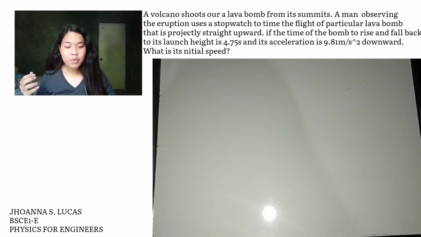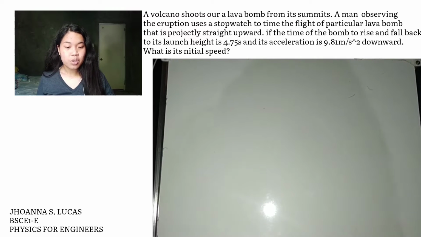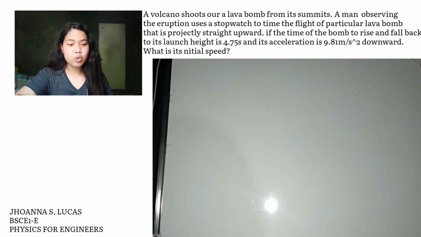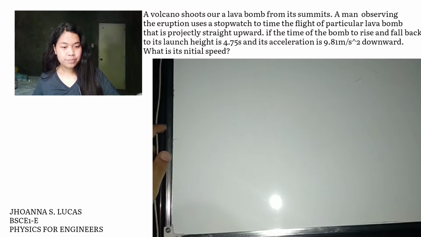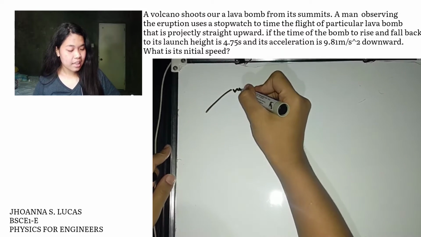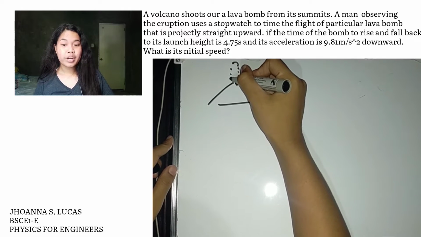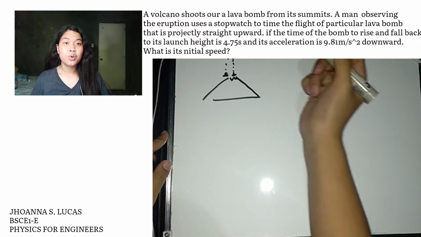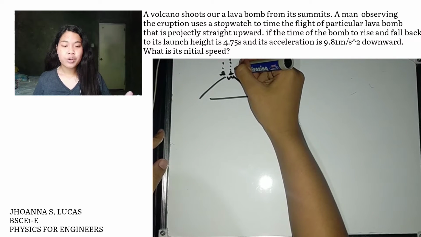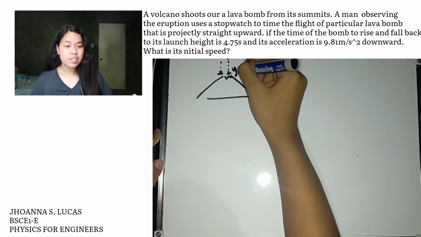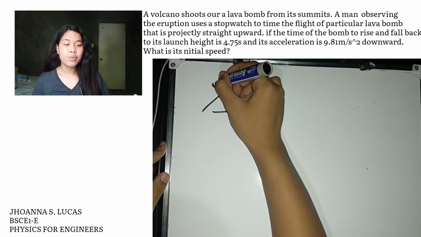So, before answering it, we will draw our problem first for us to analyze it easily. Here is the volcano and its lava bomb, and it landed where it launched. So, here is our initial y, or where the lava starts, and the final y where it ends.